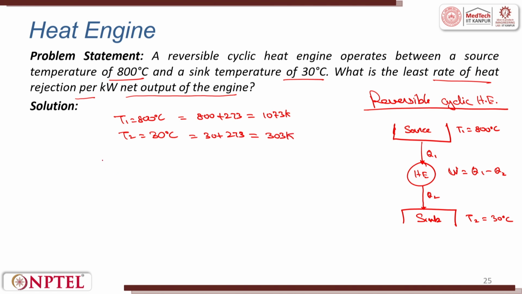Now to find the maximum efficiency for the reversible engine, that is equal to 1 minus T2 by T1. This is equal to 1 minus 303 by 1073, which is equal to 0.718.